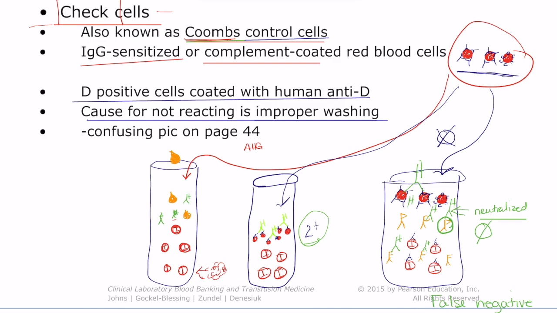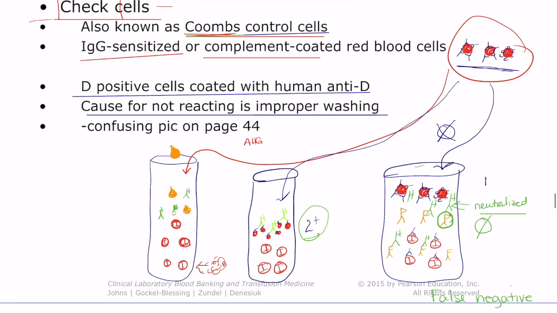And so now it's not available to bind to our check cells, and we will not see that agglutination. And so we know at that point in time the test is invalid, and we have to start over. So if your check cells are ever negative, that's an invalid test, and you have to redo it.